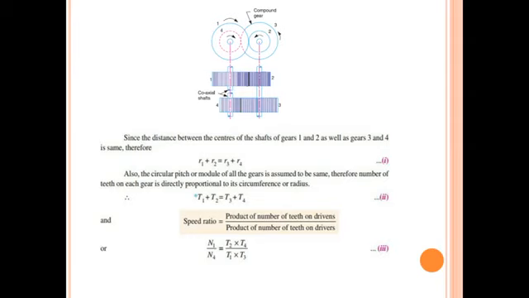Now, for speed ratio, again the speed ratio for this reverted gear train we can find by the product of number of teeth on driven gears divided by the product of number of teeth on driver gears, same as that of a compound gear train, because this is also a compound gear train. Why? Because in this, gears 2 and 3 are mounted on the same shaft. Therefore, this reverted gear train can be considered as a compound gear train also.